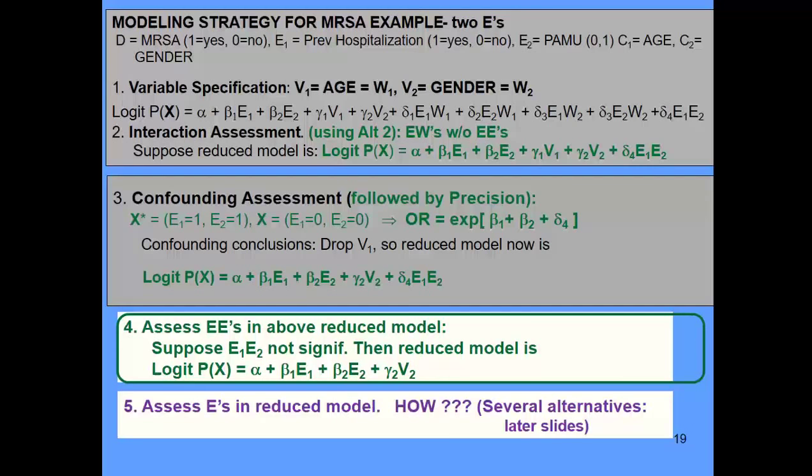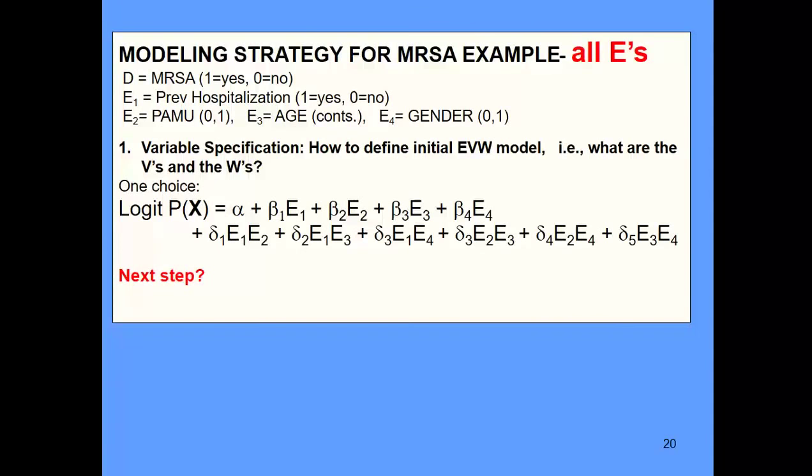But now I'm going to get to how you deal with this and some of the alternatives. Before I do that, look at the model I've written here. This is the MRSA data set, but what have I done on this slide?